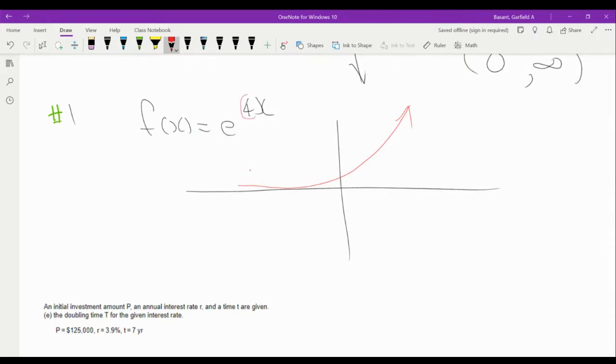Does anyone know what a 4 does? The 4 tends to pull it more straight upwards, faster, because you're multiplying the exponent by a number, so it's going to go up very fast. Now, it's not going to move it up or down. It's a stretching of the graph.